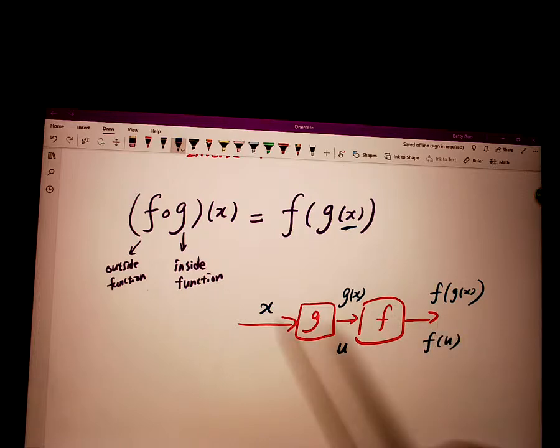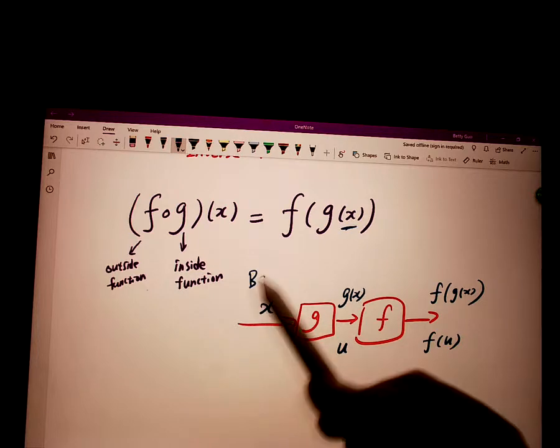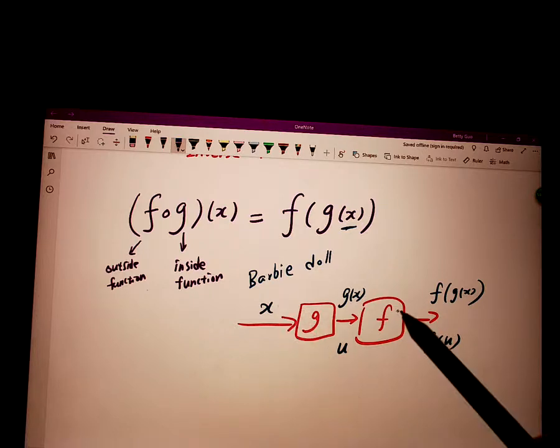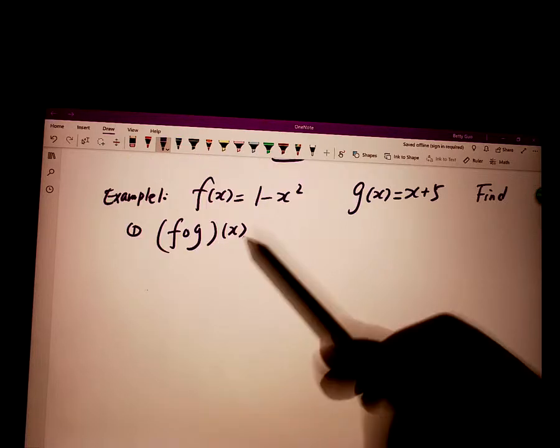Or think of this as a Barbie doll, right? So we can dress her up. First, the machine we're going to put her through is x, f circle g of x. Remember, whenever you see f circle g, you rewrite that as f of g of x.